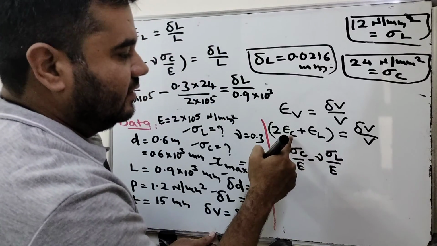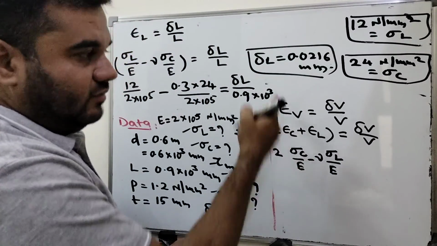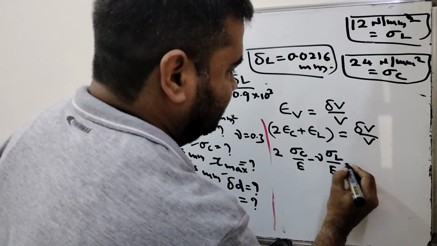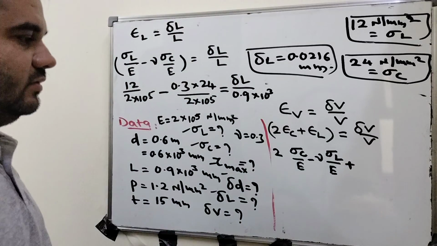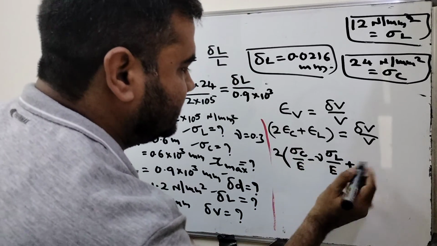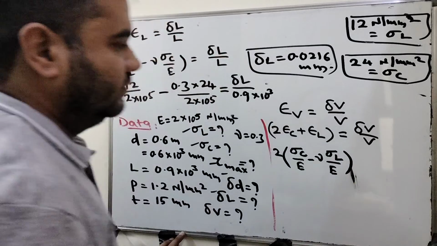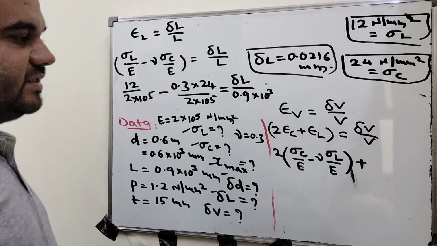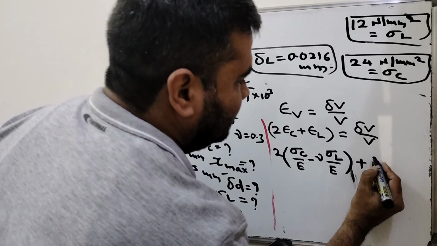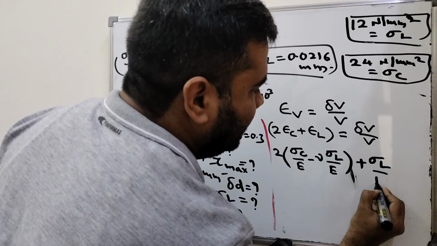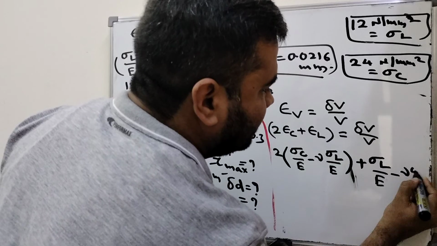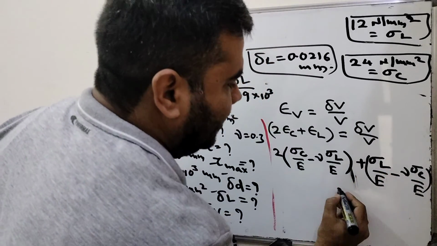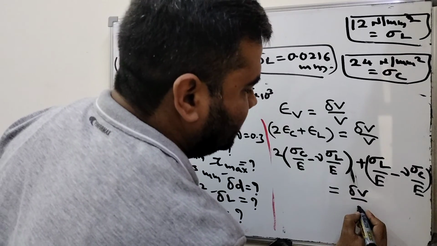Plus the longitudinal strain, which is longitudinal stress divided by E minus nu into circumferential stress divided by E, equals change in volume divided by original volume.